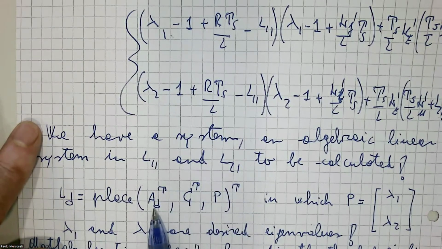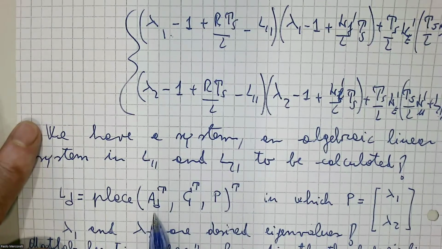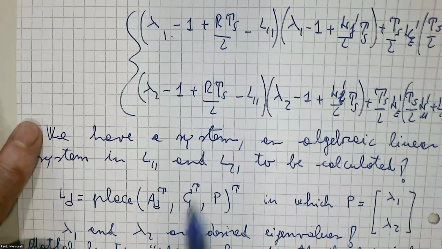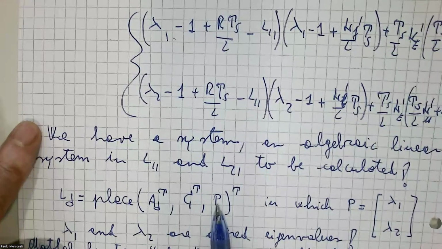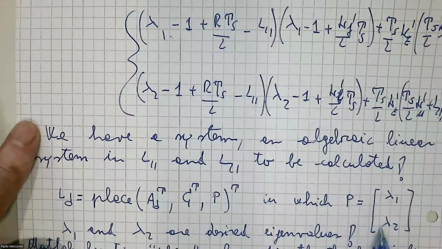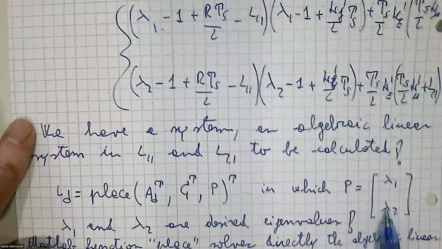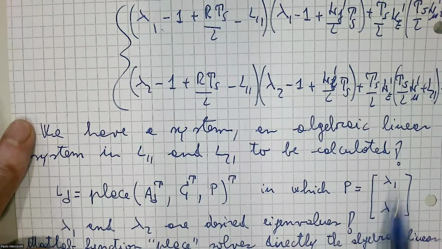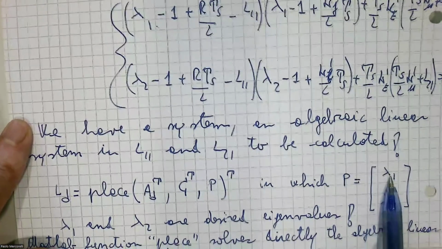In which instead of A, we have AD but transposed. Instead of B, we have C but transposed. P is the same. I mean, P should be characterized by our both eigenvalues, but in discrete form, inside the unit circle.